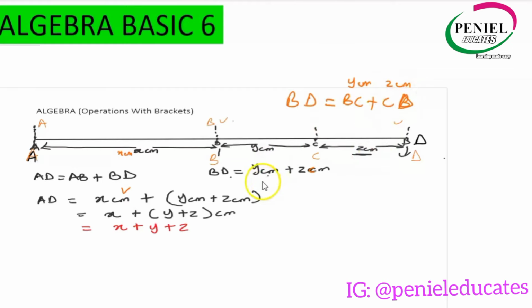So that's why we have line BD to be Y centimeter plus Z centimeter. So we have X centimeter plus BD, which is Y centimeter plus Z centimeter. Then if you open the brackets, you're going to have X plus Y plus Z, in centimeter.